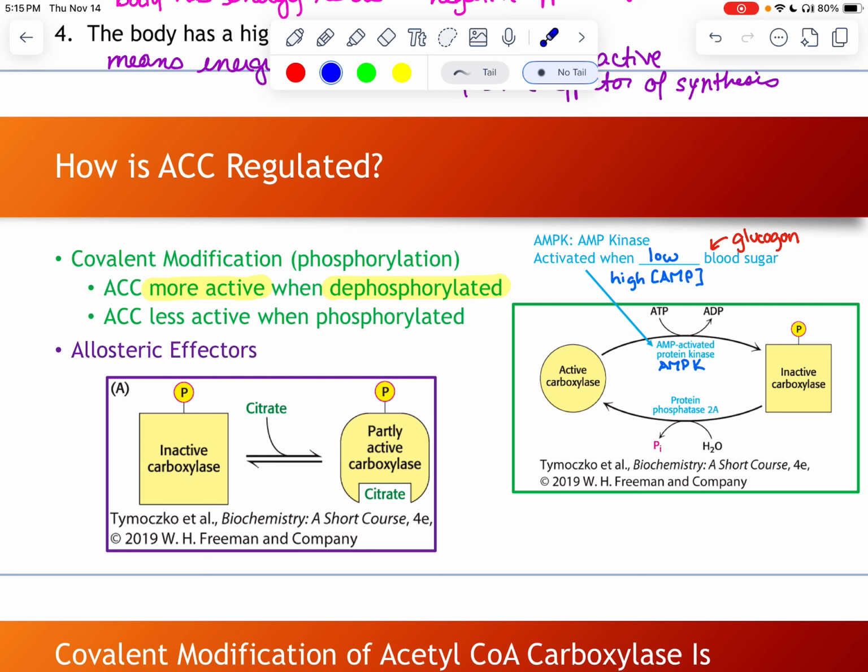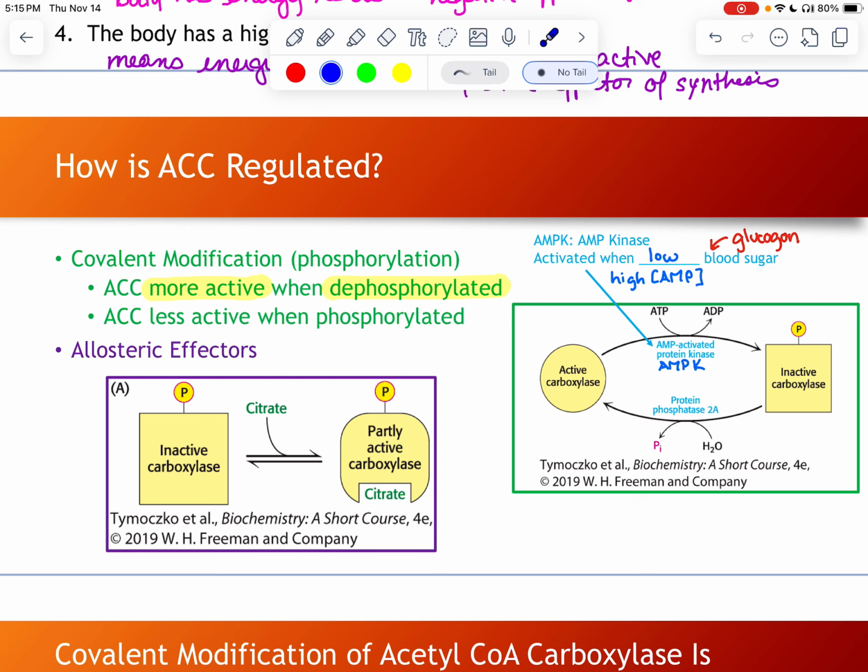Or if it's the phosphatase, if we need to activate it, we need to stimulate a different cascade that's going to start pulling those phosphates off. That can take a while. But since citrate is going to be increasing or decreasing in concentration locally, it can kind of get it kick-started. So before we can be fully active, at least citrate can get it going while we're waiting for maybe all of them to be dephosphorylated.